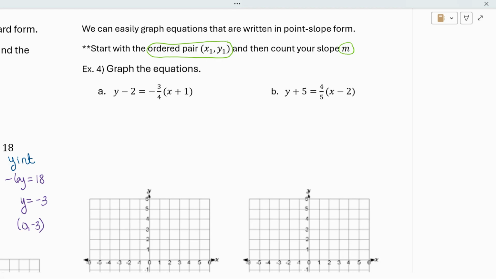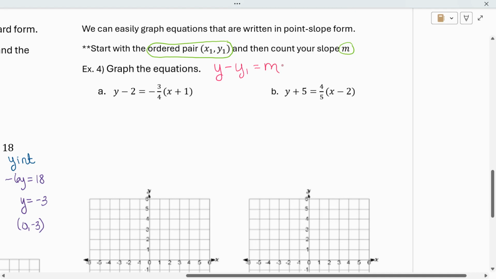You just put it in point slope form. So remember, point slope form: y minus y sub 1 equals m times x minus x sub 1. So I need to find out my slope and I need to find my ordered pair.